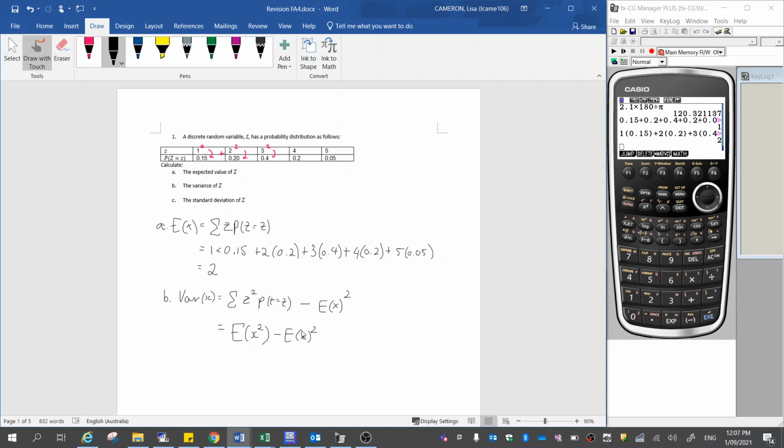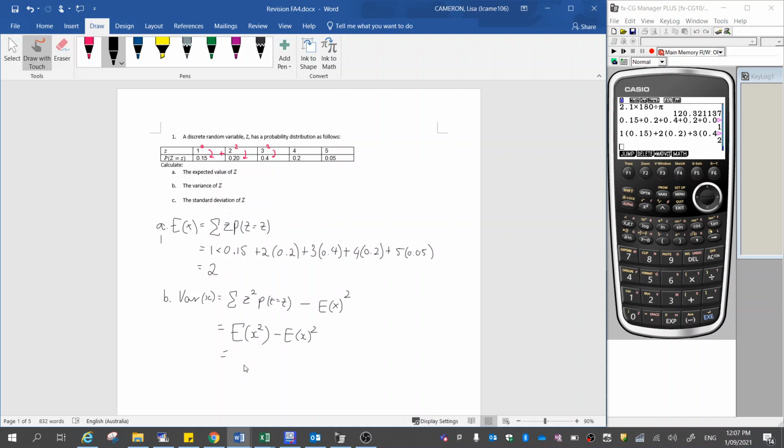You can access the formula sheet just by Googling QCAA Mathematical Methods formula sheet. We have some formulas on there for discrete random variables, but they aren't stuff that you guys will use in year 11. So this formula is definitely not given to you on your exam, so it's something you'll need to remember.